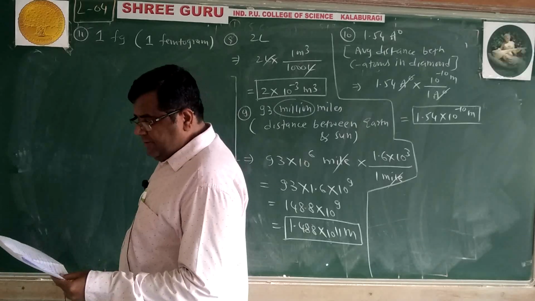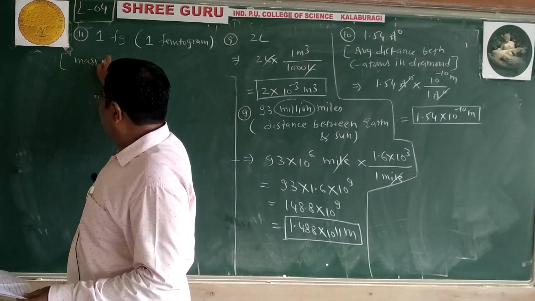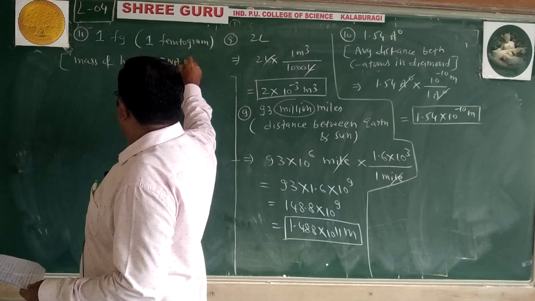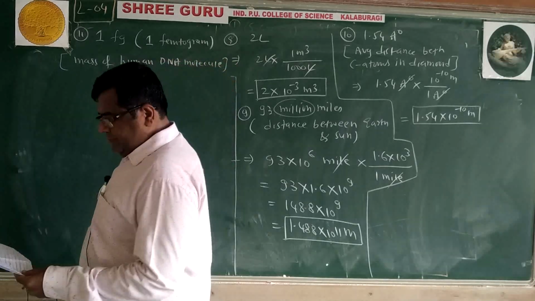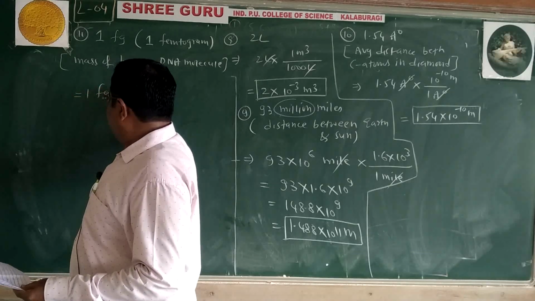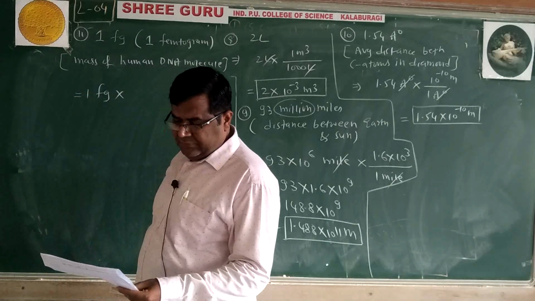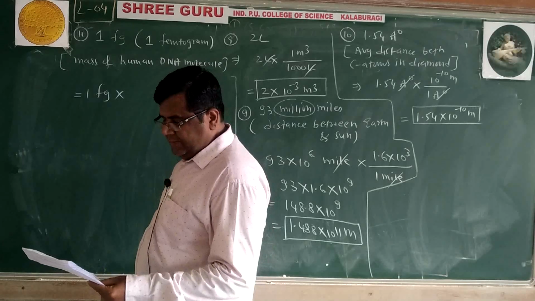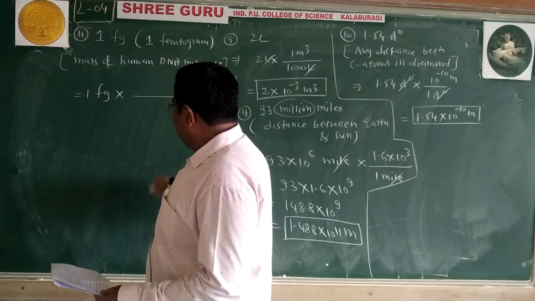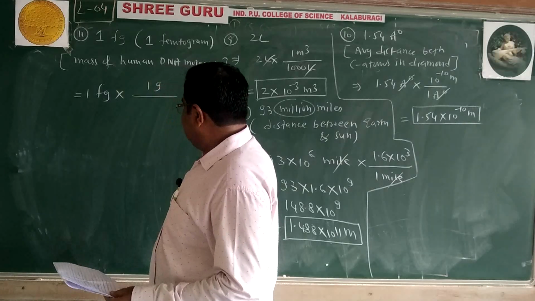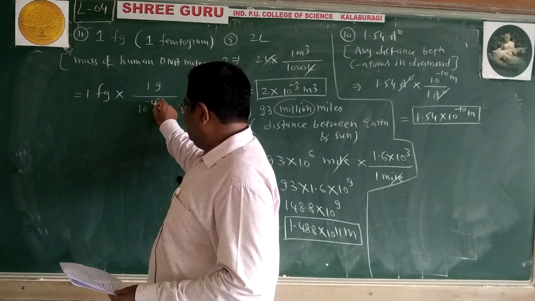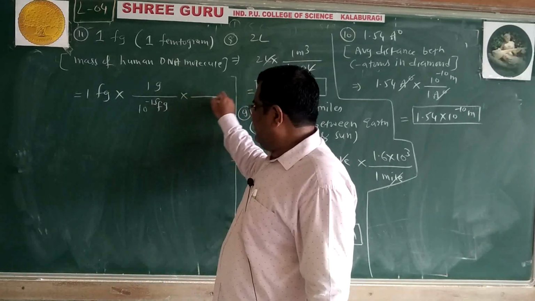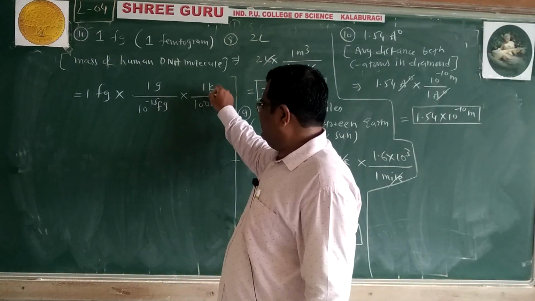Right. It is the very small mass of a human DNA molecule. Very small mass, it is 1 femtogram. We can write 1 gram is equal to 10 raised to minus 15 femtogram, and we can write 1000 gram is equal to 1 kilogram.